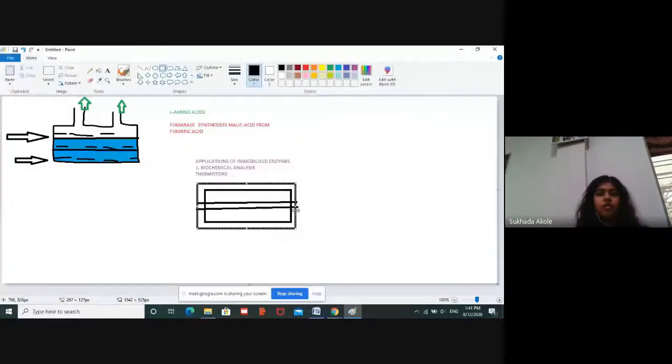Okay, so the thermistor will look like this. This is the design of your strip, which will be used for glucose calculation. At the center we are going to have a small box, let us color it black.